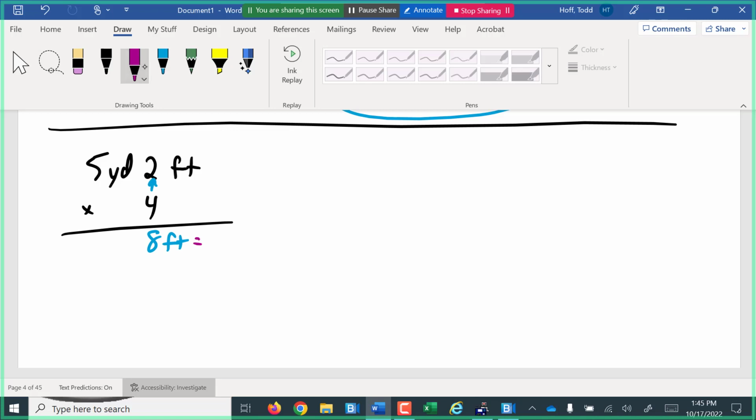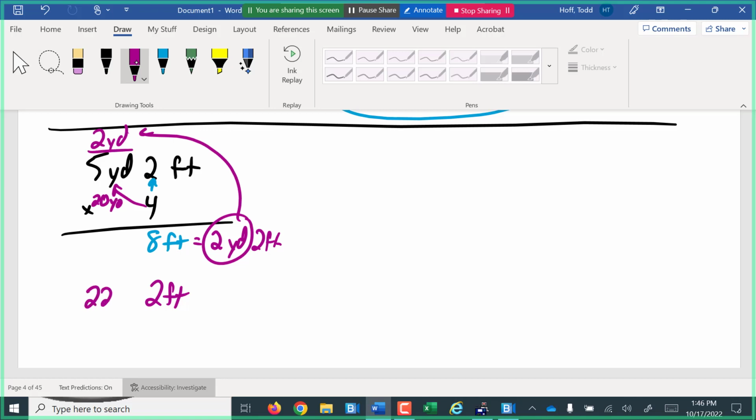How many yards can I get out of that? 2 yards with 2 feet left over. Good. So we keep our 2 feet, carry our 2 yards. 4 times 5 yards is 20. Perfect. Plus the 2 is 22 yards.